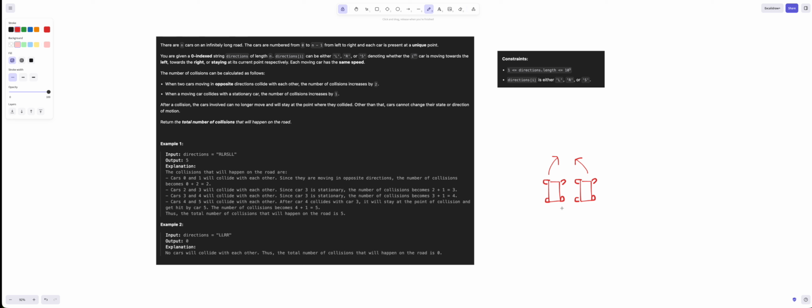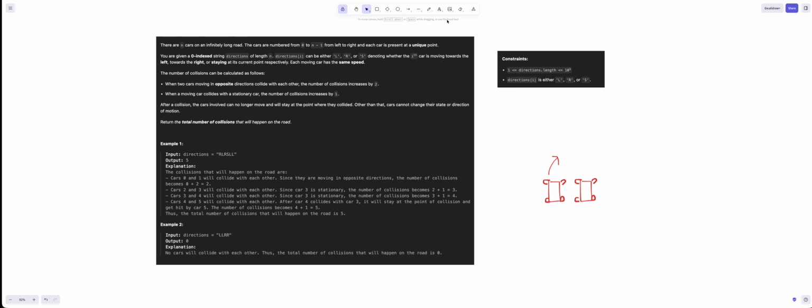When a moving car collides with a stationary car, let's consider this guy is stopping here and this guy is trying to go to the right. That is going to increase the collision count by 1. After the collision, the cars involved can no longer move.